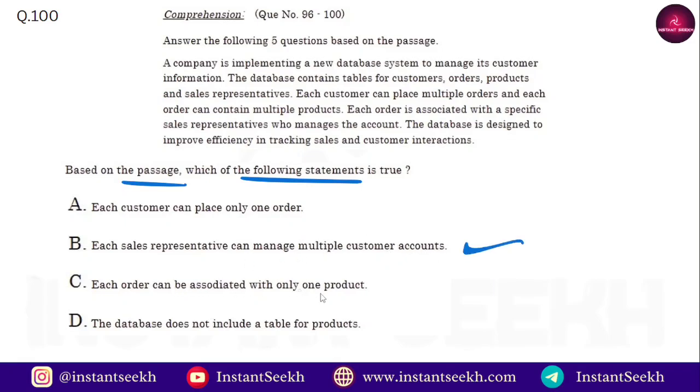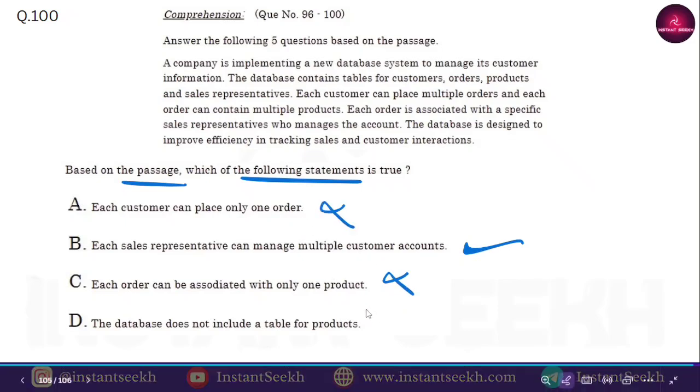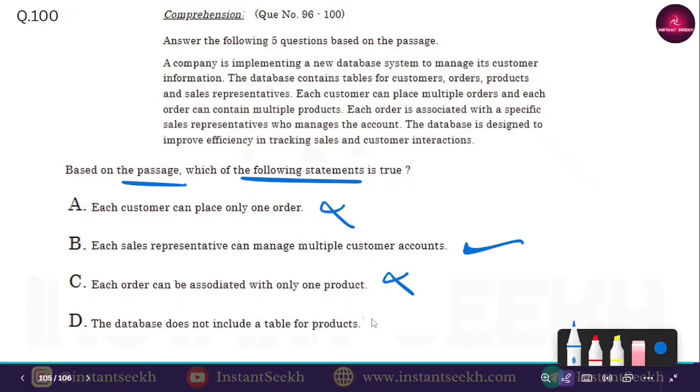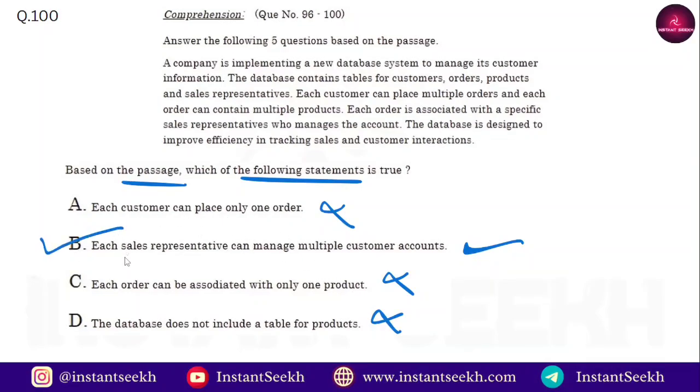Each order can be associated with only one product. No, multiple orders, multiple products. The database does not include a table for product. There is a table for product. So these options get eliminated. Option B, each sales representative can manage multiple customer accounts, is the right option. That is option number B will be your correct answer for this particular question.